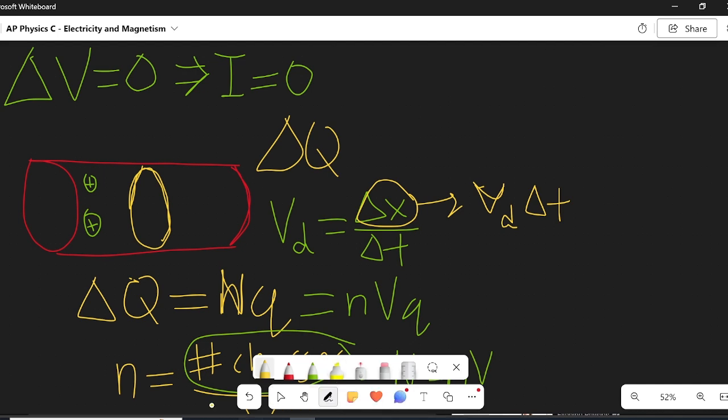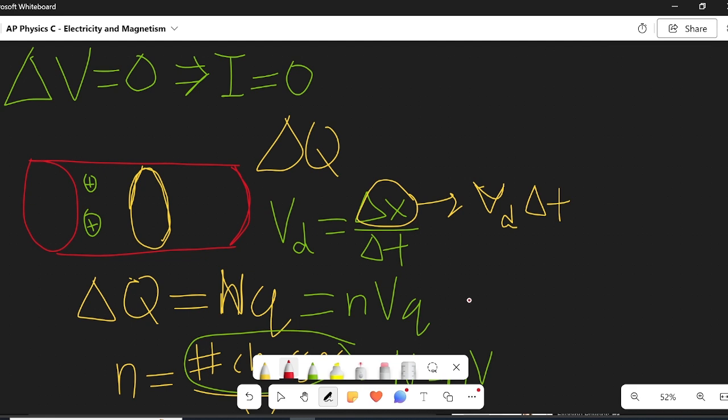Something like so. If we go back to our equation for delta Q, we can replace volume in here with just the area of a cross section, because it's hard to find the volume of the full wire when there's twists and turns.